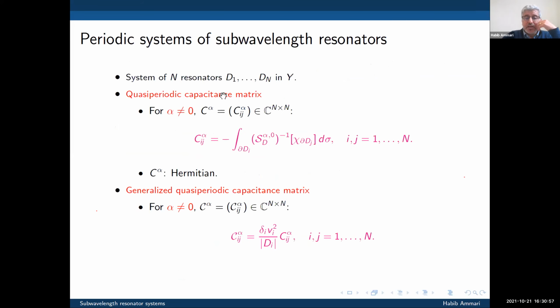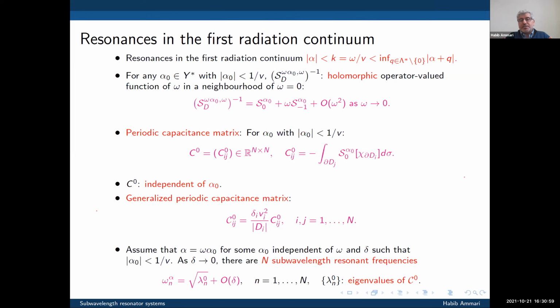Fine. Now, what's going on near 0? How can we approximate? We want to approximate these band functions using a discrete approximation of our system. If we are away from the periodic case, from the gamma point in this Brillouin zone, this can be done as I showed you.